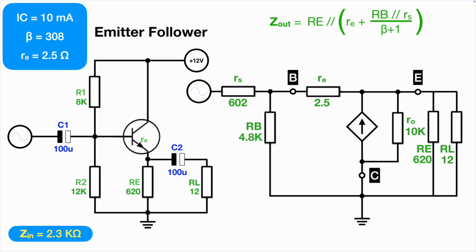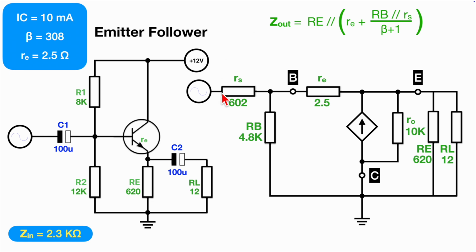Now, the output impedance is a bit more complex because what we're doing here is we're looking at RE. We're not even involving RL here, and you'll see why in a minute. If you know anything about the emitter follower, you'll know it has a fairly large input impedance, as we've seen, 2.3k, but a very low output impedance, which enables us to drive our loudspeaker, albeit not as efficiently as a push-pull class AB, I know, but it does work.